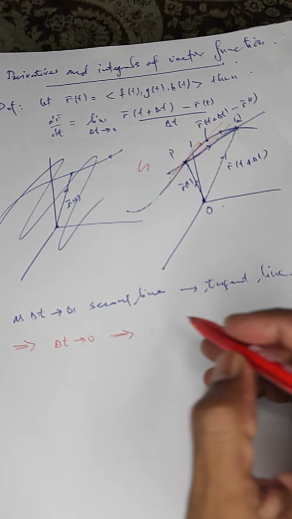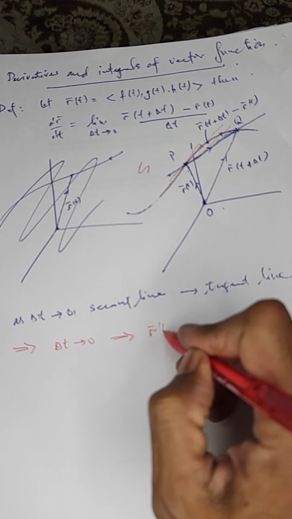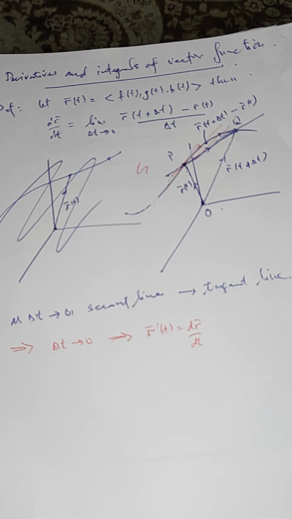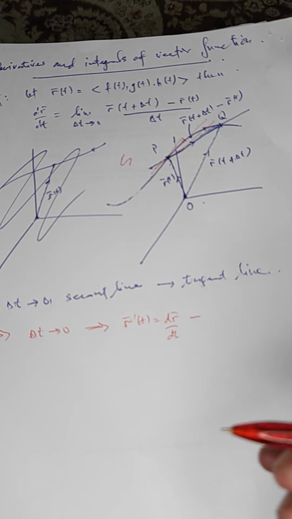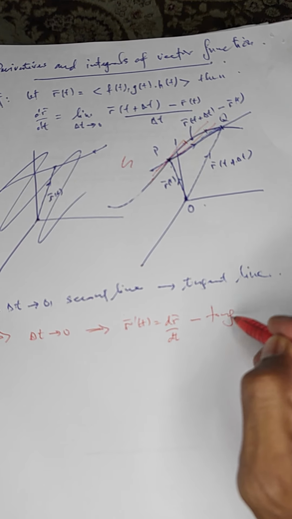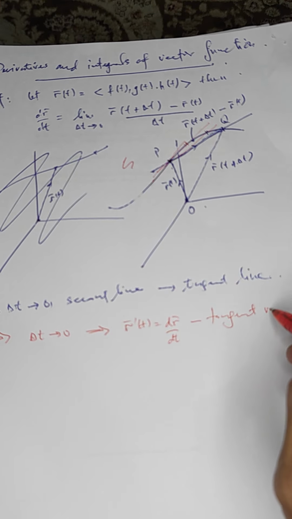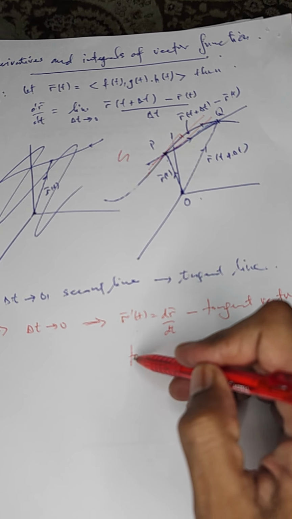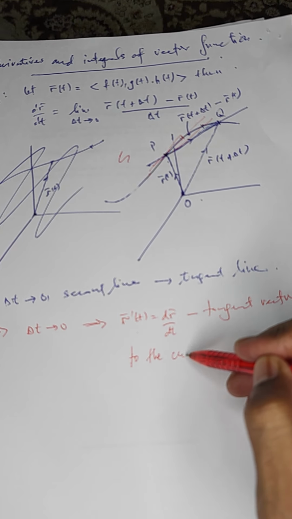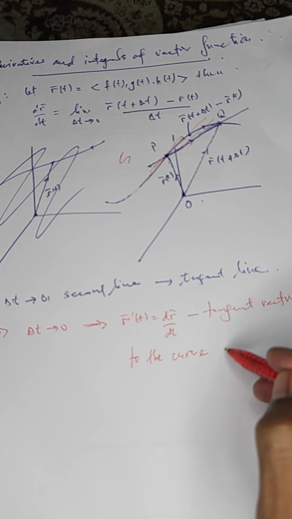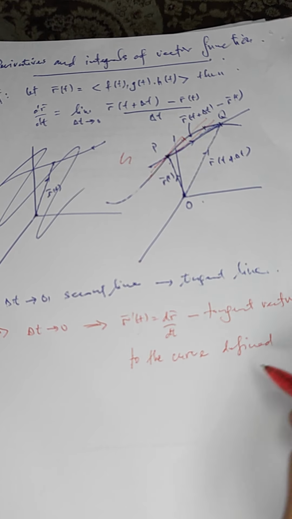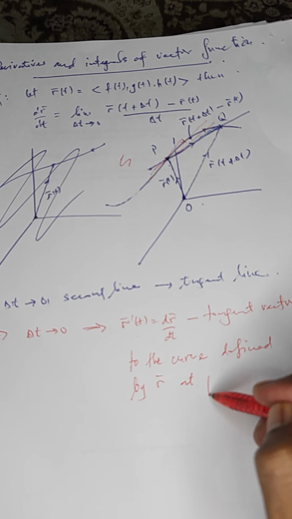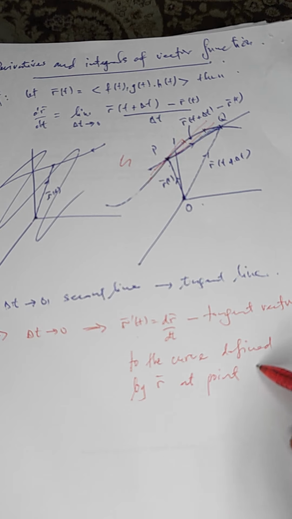I can denote dr/dt as r prime. This gives us a tangent vector to the curve defined by r, at point P.